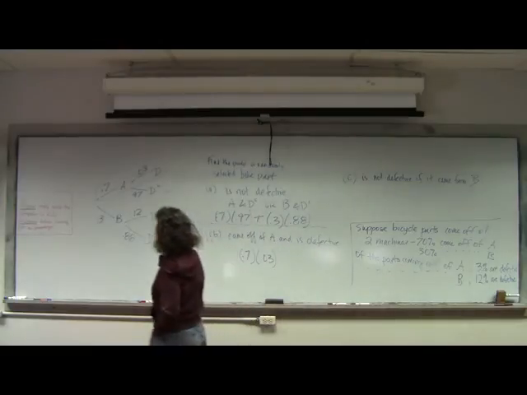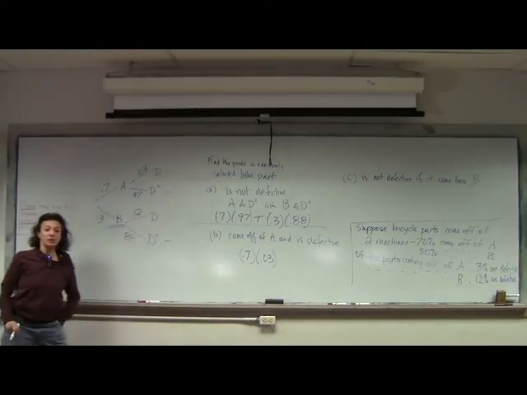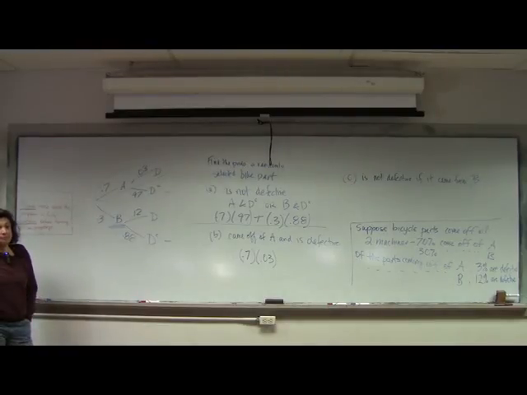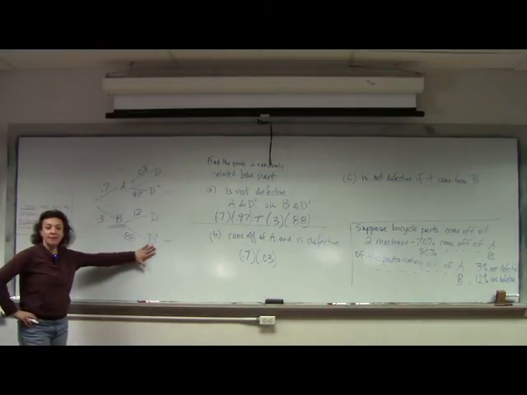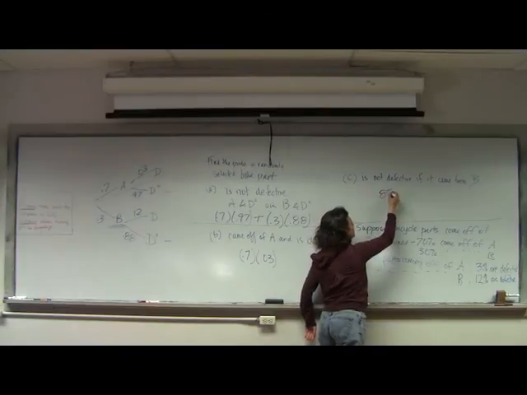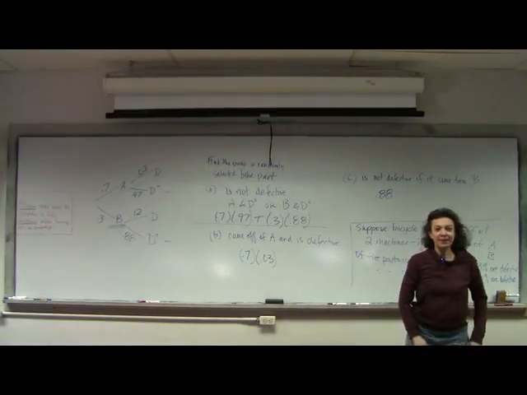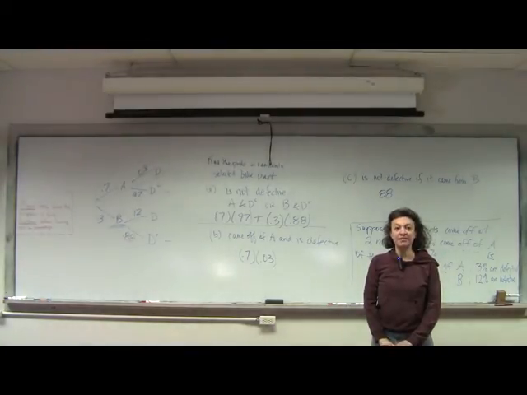We're reducing our sample space down to the fact that we know this bike part came off of B. Okay? So, if it came off of B, we want to find the probability it's not defective. That is 0.88. All right, that concludes the first part of section 7.5 on conditional probability.